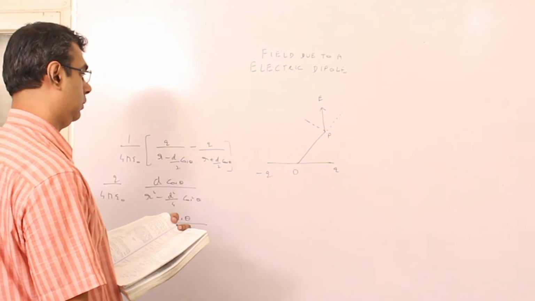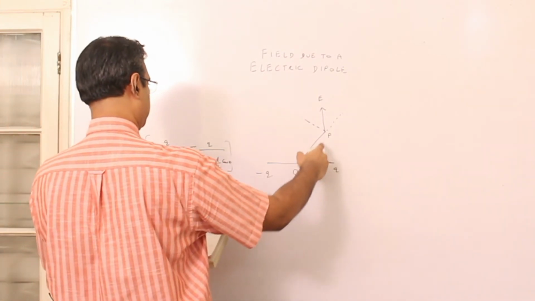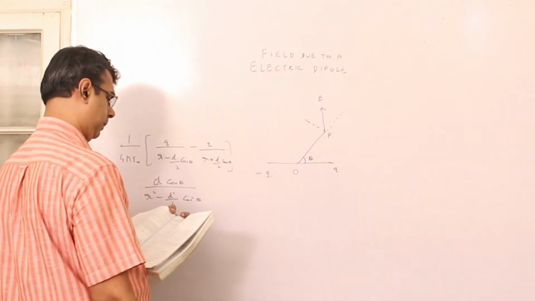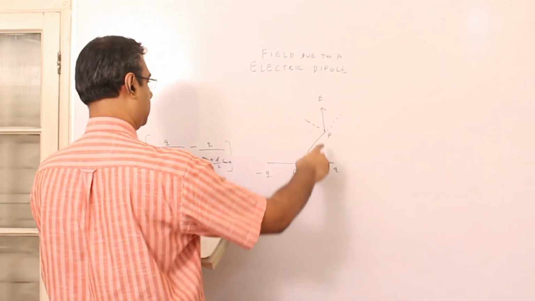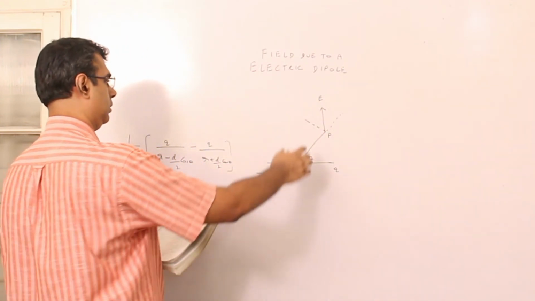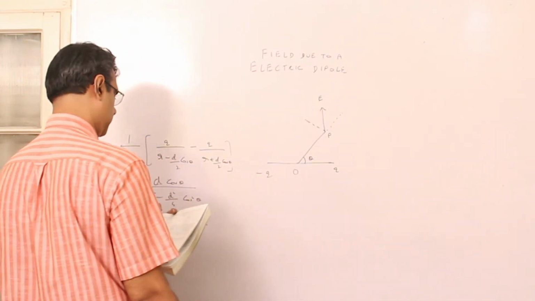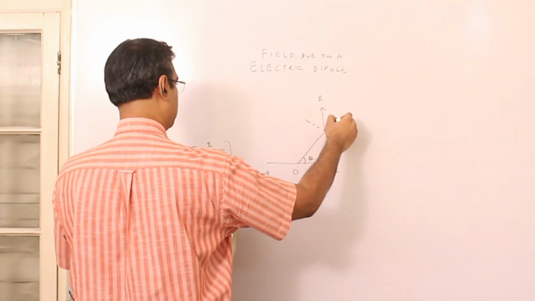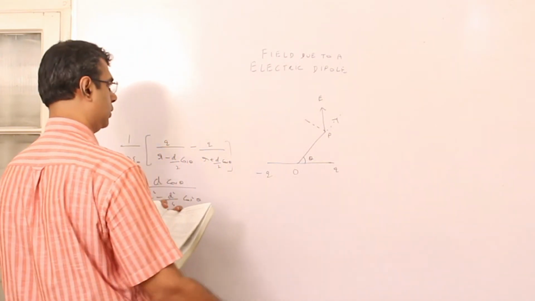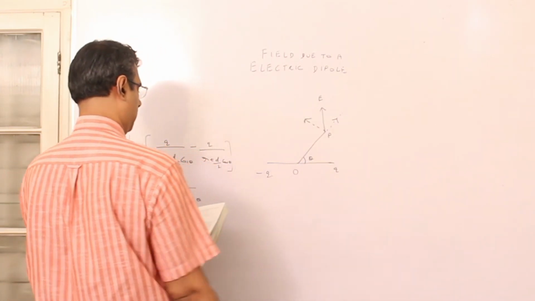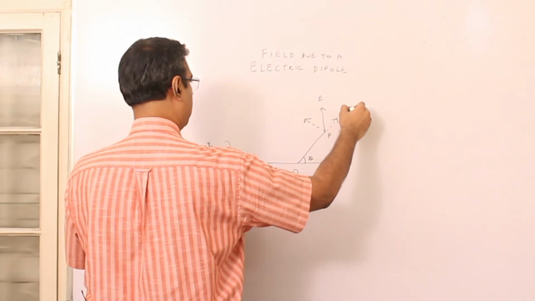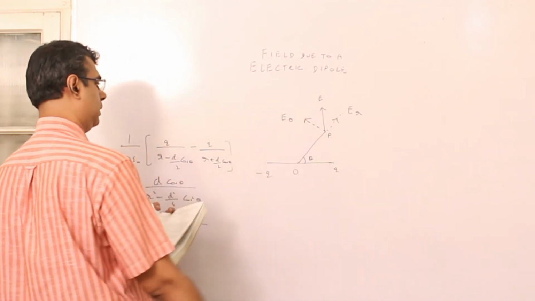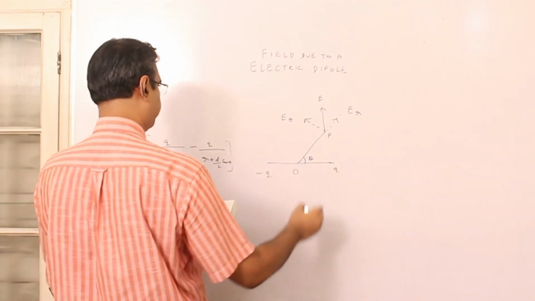Suppose you have a dipole formed by two charges minus Q and Q, and you are interested in knowing the field at the point P. So let the field at the point P have a direction which we are not very clear about. Let it be this. So for our convenience, we will resolve the field into two mutually perpendicular directions. One will be called ER, that will be along OP, and the other will be called E theta, that will be perpendicular to OP.